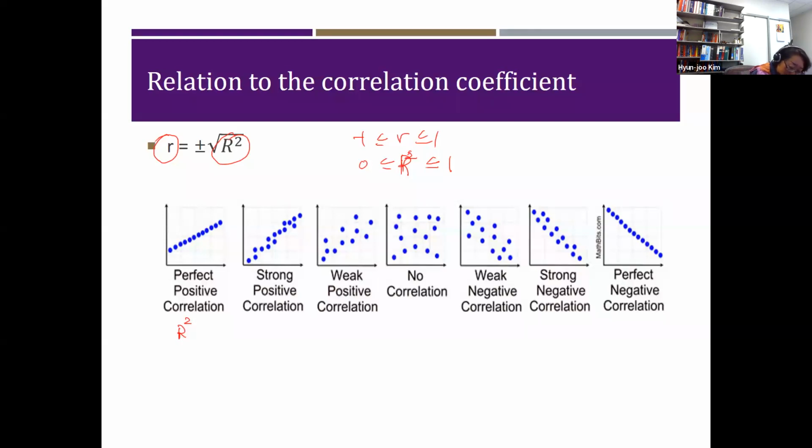Almost everything. How about the last one, perfect negative correlation? Even though it is negative, the line will explain everything about this data set. So R square in this case is again equal to 1. This one has no correlation, no relation, so R square will be close to 0.